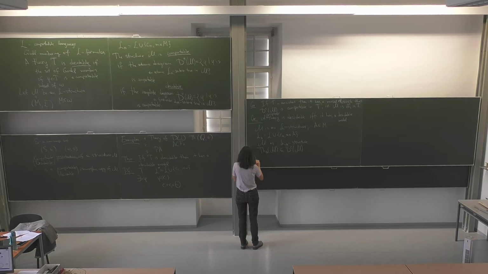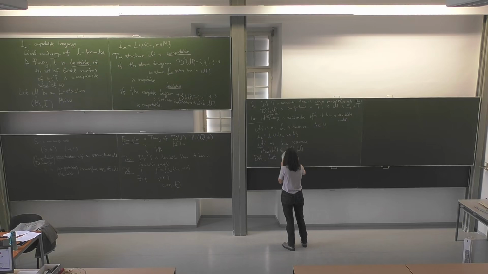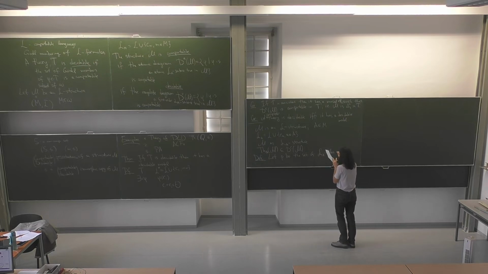Okay, and now we can define types. Well, I hope you know those definitions, but I will still give them. So let P be a set of L_A formulas, possibly with free variables.